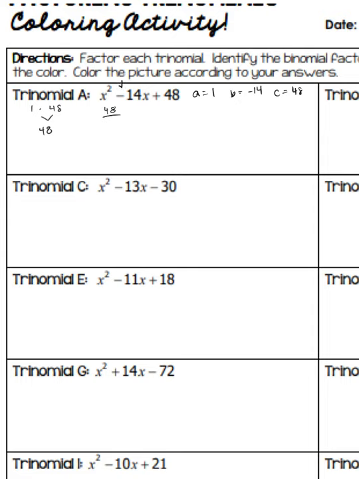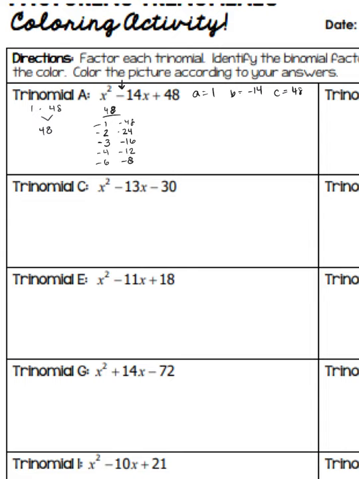Now here, this is important. We have a negative B. So what you need to realize is that you just have to write the negative factor pairs of 48. So our first one is negative 1 and negative 48, and then negative 2 and negative 24, and then negative 3 and negative 16, and then negative 4 and negative 12, and negative 6 and negative 8.